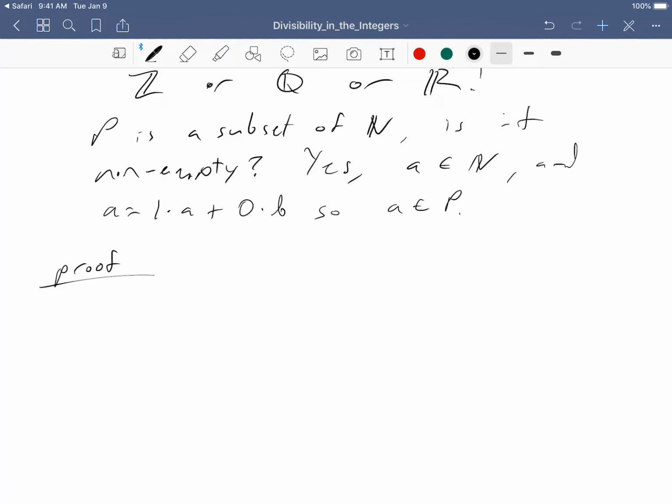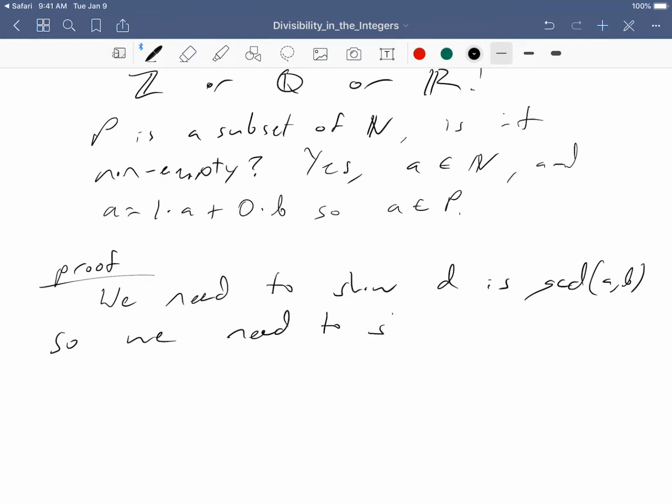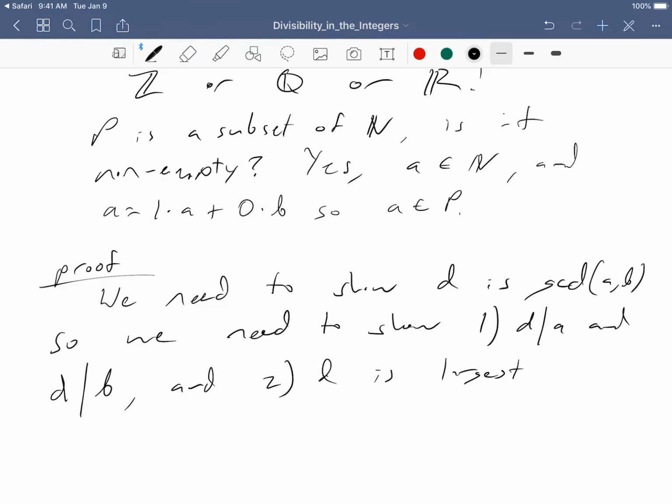All right, so if we want to prove this, we need to show that D is the GCD of A and B. So we need to show 1, that D divides A and D divides B, and 2, that D is the largest common divisor.